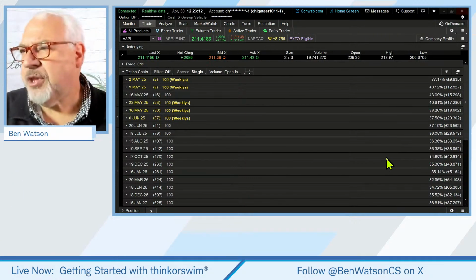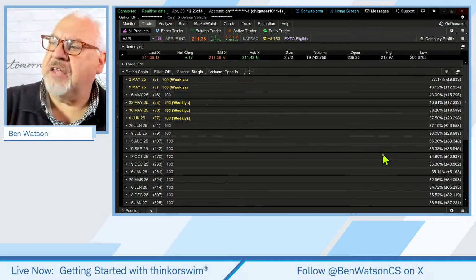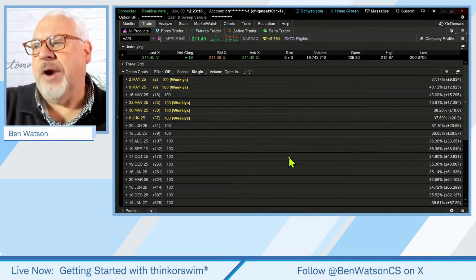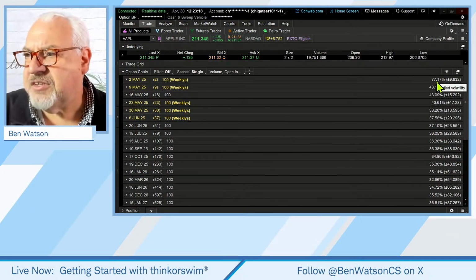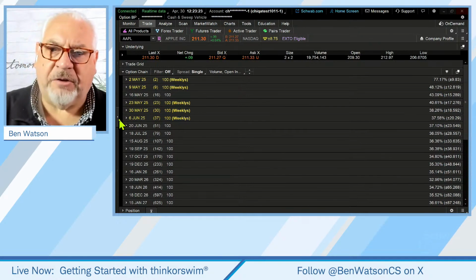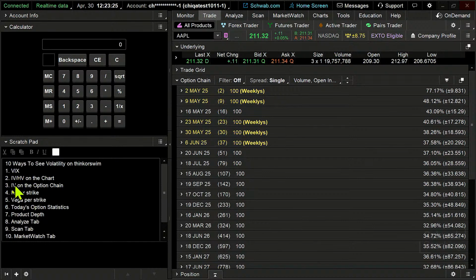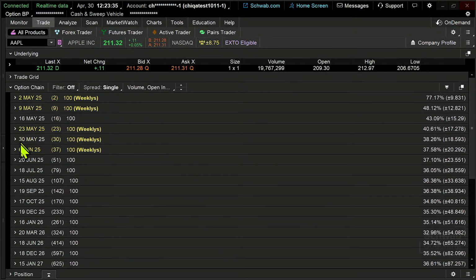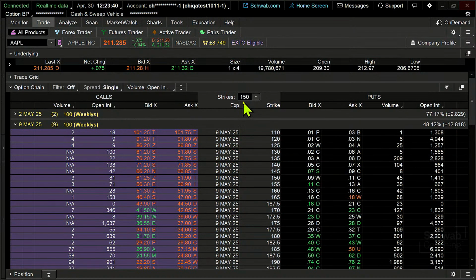Okay. All right. So now that we've got that sense in mind here, where does this number come from? Where does that implied volatility number come from? Well, here's what we're going to do. I'm going to open this up and we're going to go to number 4, and that's our implied volatility per strike. So our 4th way to look at implied volatility here on the Thinkorswim platform is to open up our option chain. And I've got 150 strikes here.